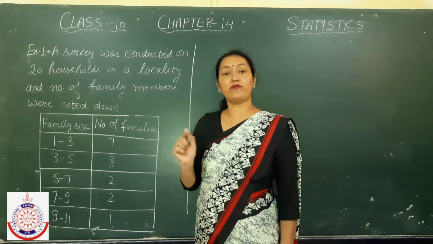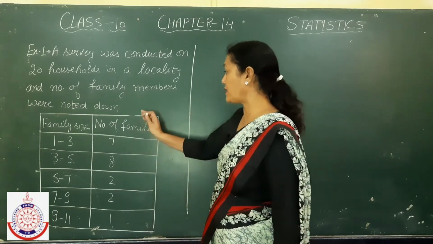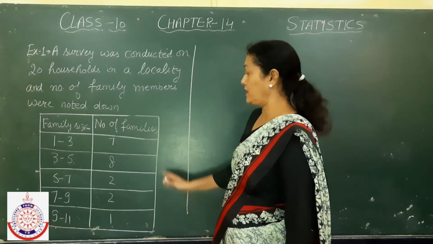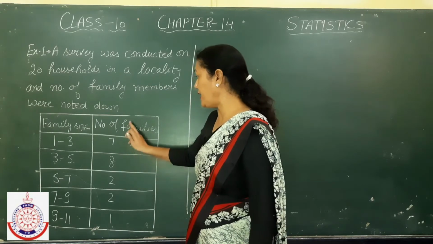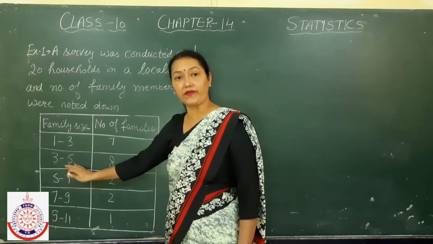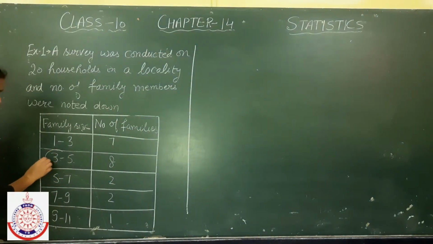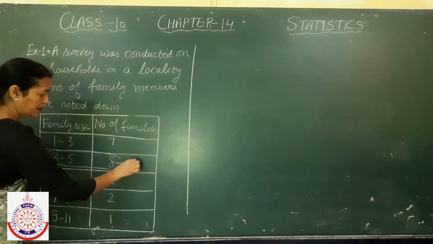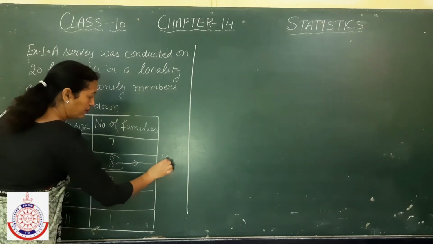So the first thing we have to do is choose a modal class. See which family size has the maximum frequency. 8 families have a family size of 3 to 5. So 3 to 5 is the modal class, because the maximum frequency comes for this class.